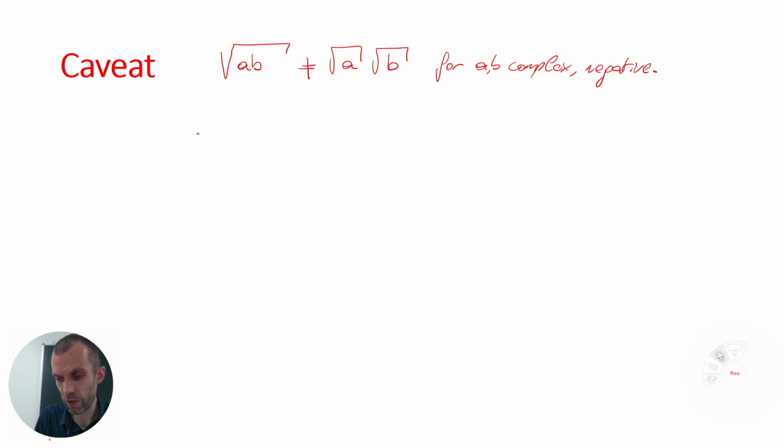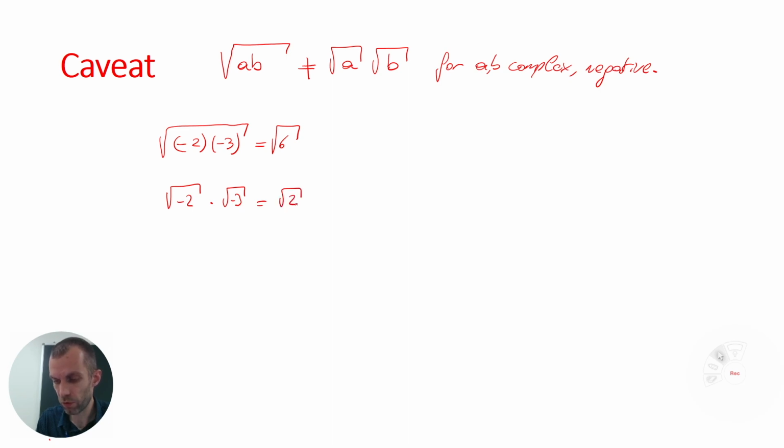So for instance, if we take minus 2 times minus 3, which is 6, so the square root of that is the square root of 6, but the square root of minus 2 times the square root of minus 3 is equal to the square root of 2 times i times the square root of 3 times i, and that's the square root of 2 times the square root of 3 times i squared.